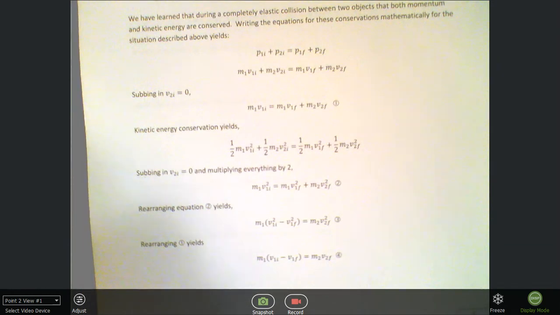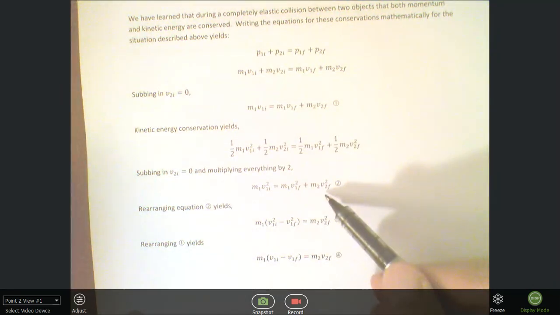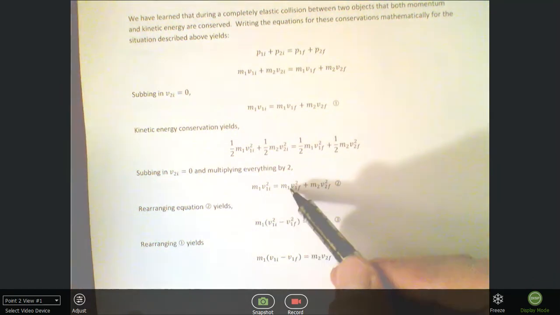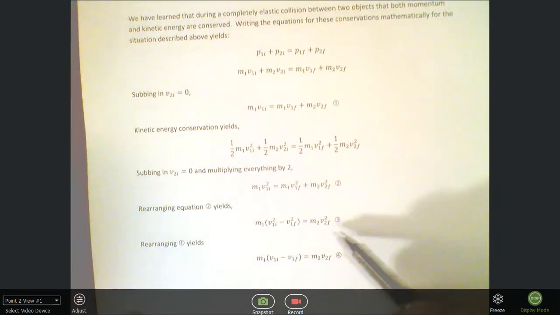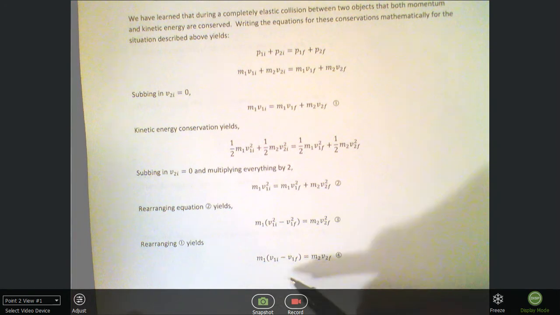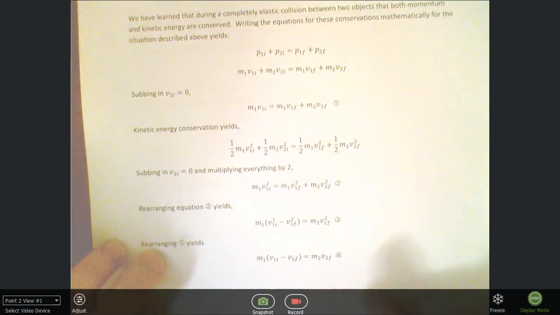What you're going to do here instead is we are going to actually do the substitutions. So we take this, we bring this term over, we collect like terms, we rearrange 2, rearrange 1, so we get 2 new equations. And again, I'm going over this very fast.